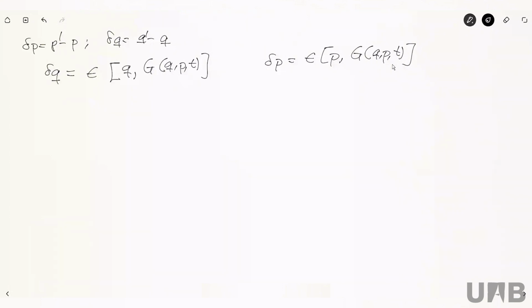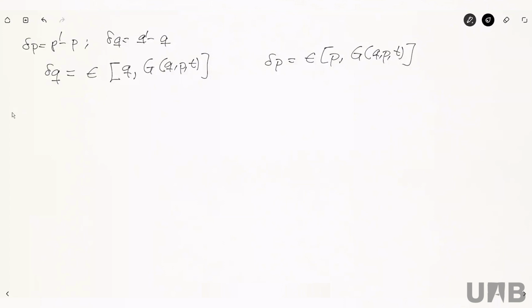It rings a bell. This sounds like a familiar relation between the variation of the canonical variables Q and P with respect to something. And we're going to be able to make this more precise.